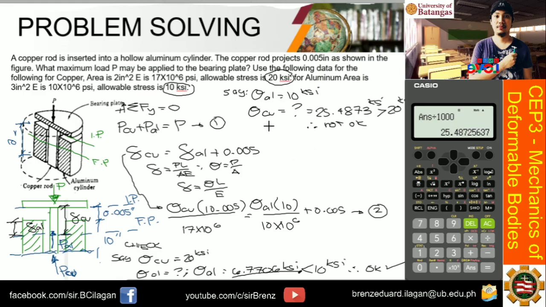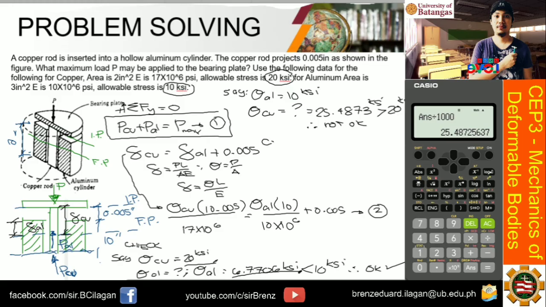Okay, so anong hinahanap? Yung allowable stress. So with this value of the stresses, yung 20 at saka itong 6, tsaka pa lang natin i-apply yung equation number 1 para mahanap natin yung maximum allowable load P to satisfy this condition.